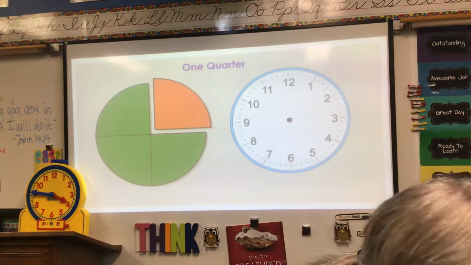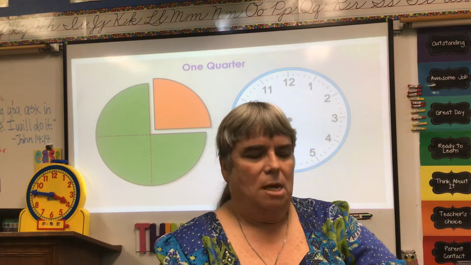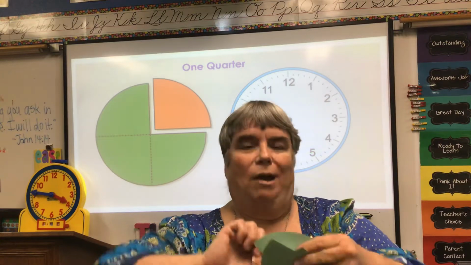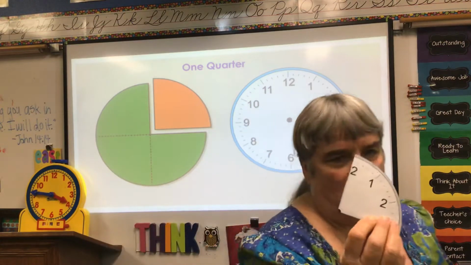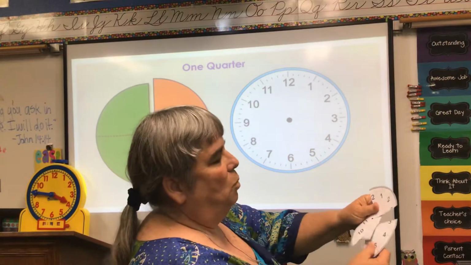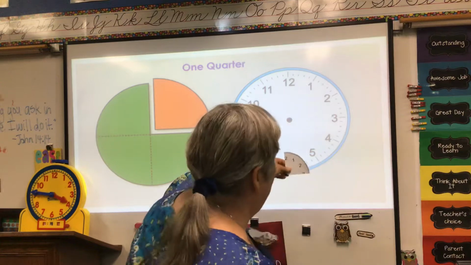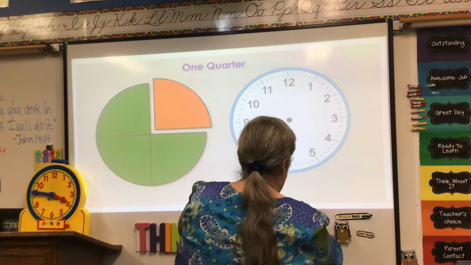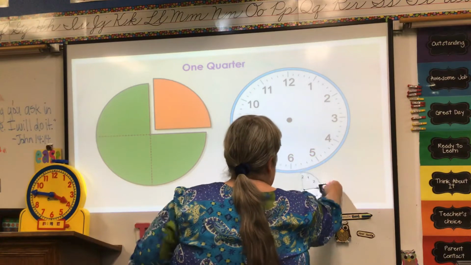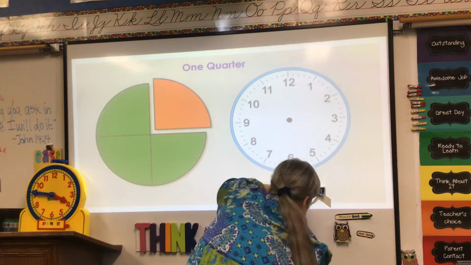Okay. So what I've done is I've split up my pizza into even groups. And what I also did was I had a clock on the other side. You can't see it all together, but it says 12 to 3. 12 to 3 is 1/4 on my nice pizza clock.